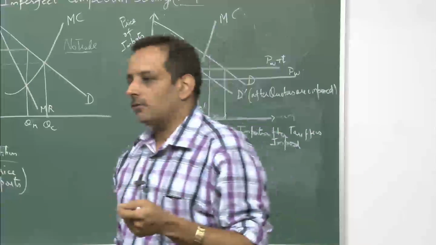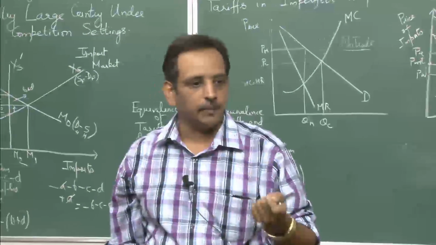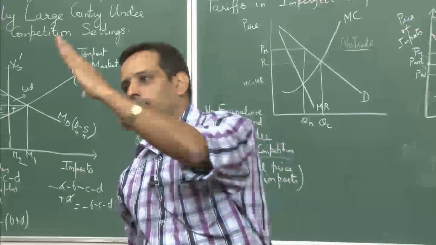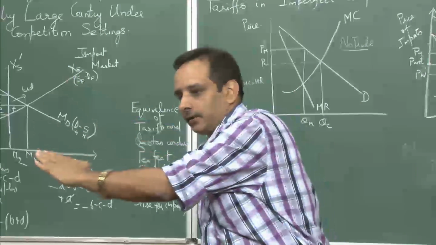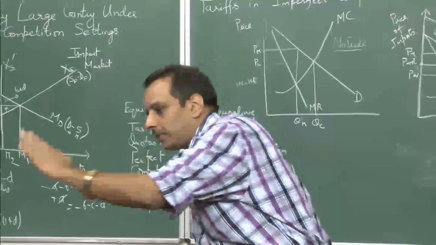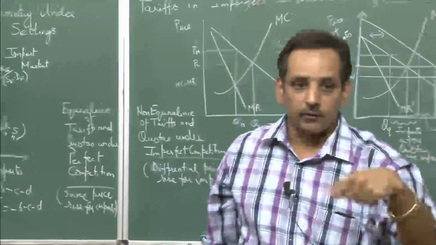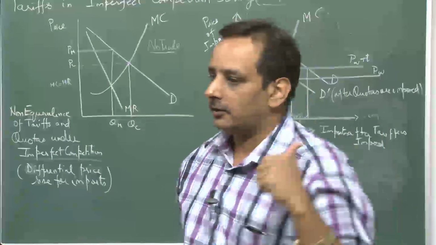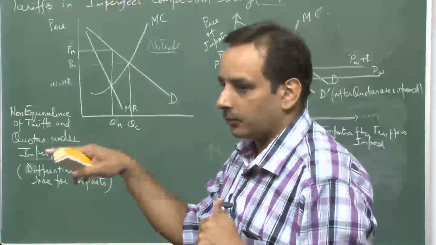Now internationally what happens is, as soon as I start getting higher prices, I will step up my production. So if you see the world markets, the export supply curve shifts to the right. When the export supply curve shifts to the right, the world prices go down, and the world prices are nothing but the terms of trade, price of exports by price of imports.